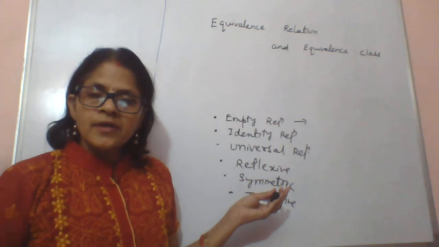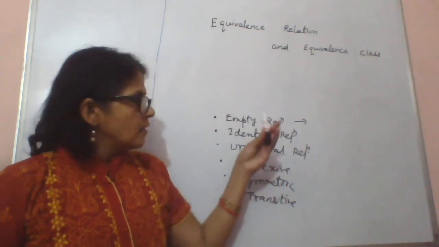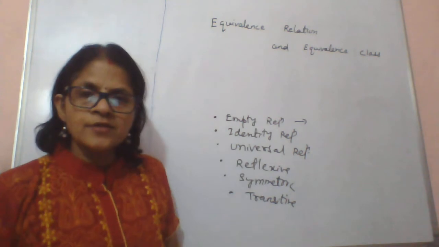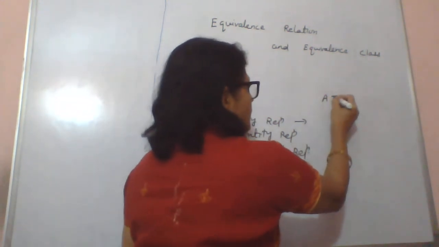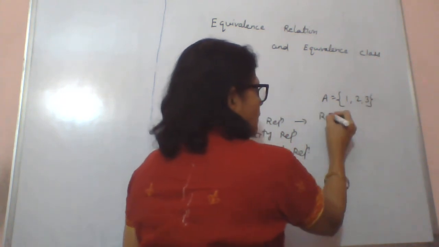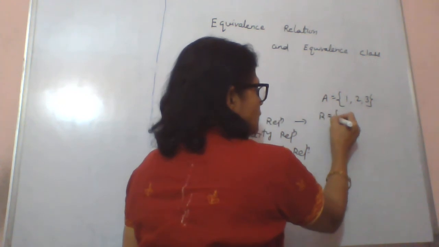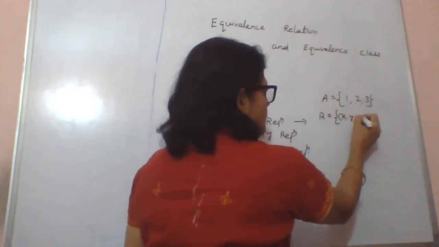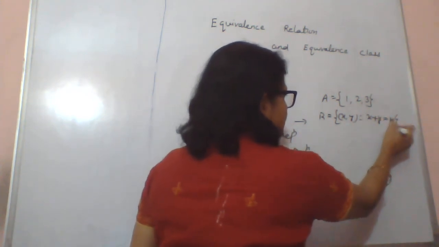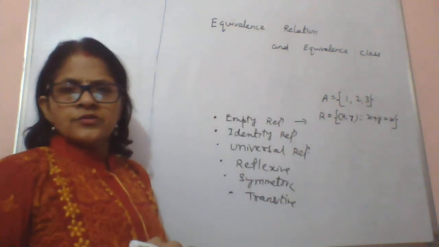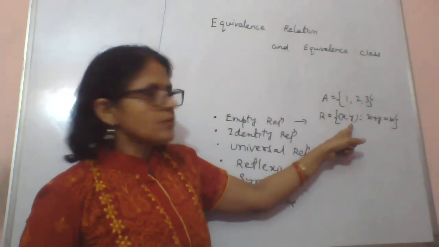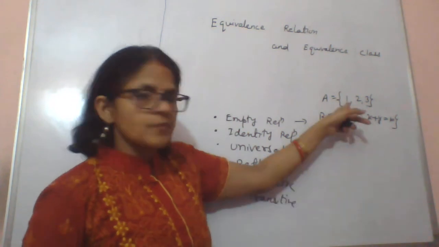So a relation R on set A can be divided into 6 types. What does empty relation mean? Suppose A is {1, 2, 3}. If I write R as the relation of (x, y) such that x plus y equals, suppose, 10, then it is not possible in this case.